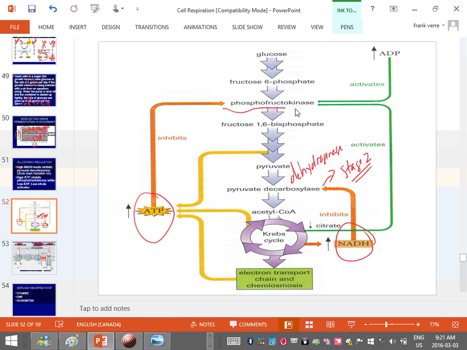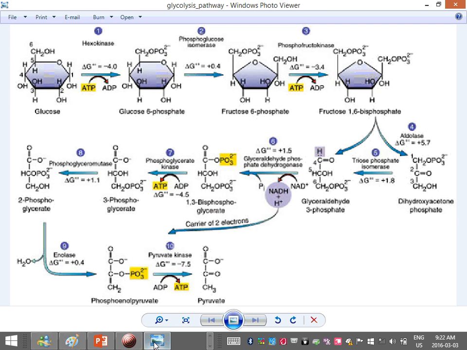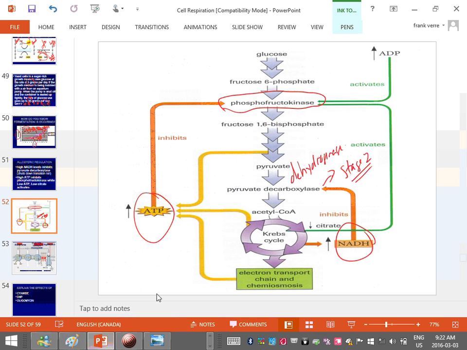So it's this enzyme right over here, phosphofructokinase, which is really early on in glycolysis. Okay? It's actually right here. So you could see it's right over here. So why do we shut it down at that point? You have high levels of ATP. Why do we want to shut down this step?